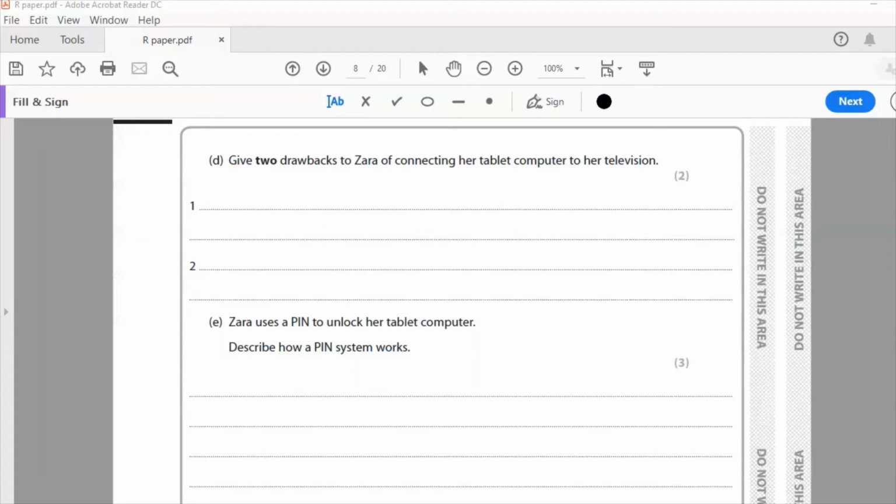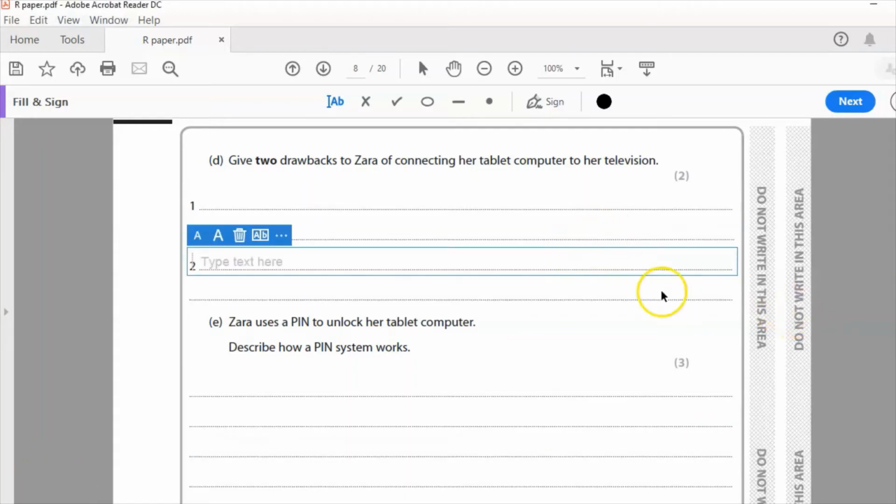Question D. Give 2 drawbacks to Zara of connecting a tablet computer to a television. Now, to answer this question, we're looking at things like, it's going to drain the battery. So it's going to drain the battery of a tablet computer, connecting it to the television. So it's going to drain the battery more quickly.